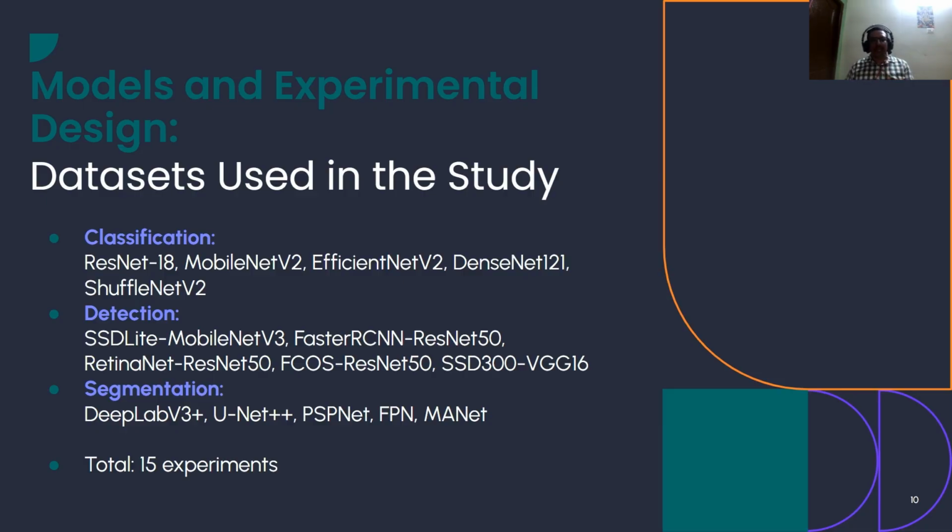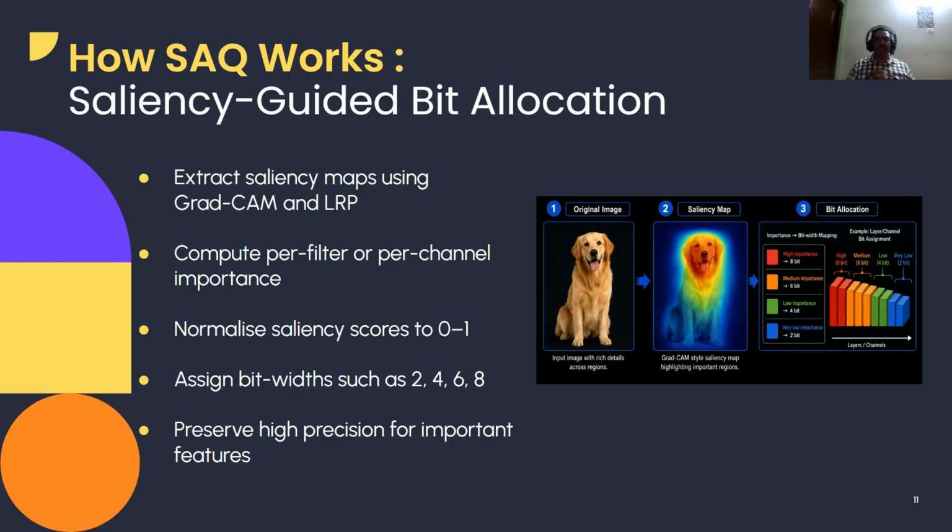Now I'll explain the central technical idea behind this work: how the saliency is used to guide the bit allocations. First, we extract the saliency information using Grad-CAM and LRP. Grad-CAM uses gradients of the targeted class with respect to the convolution feature maps to identify which regions are the most important for the prediction.